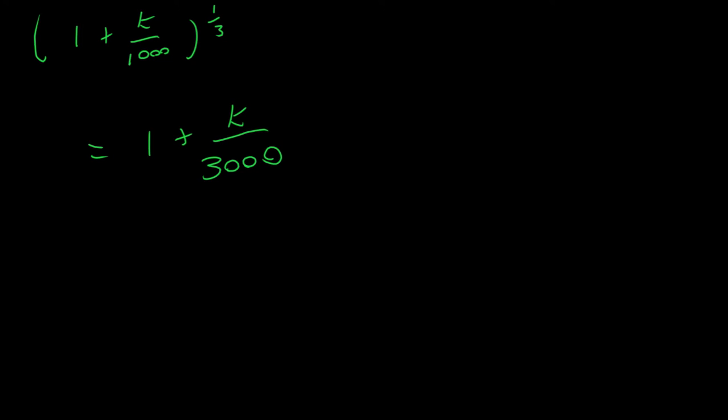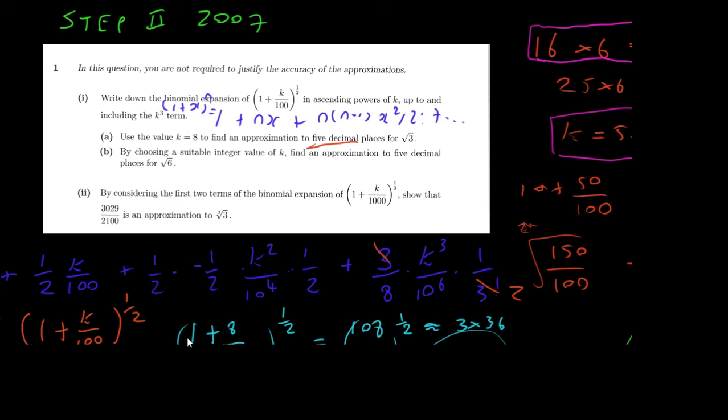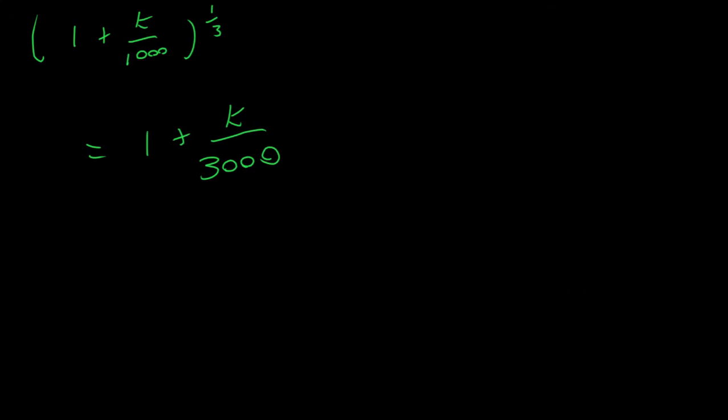Okay. Remember, we want to show something is approximately equal, we want to show that approximation to the cube root of 3. So we want the cube root of 3. So, in other words, we want k to be a number such that 1000 plus k over 1000, you can take the cube root of that, and obviously the denominator will become 10, but on the numerator, we want some cube number times root 3.